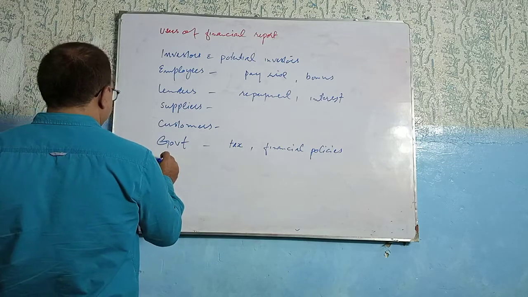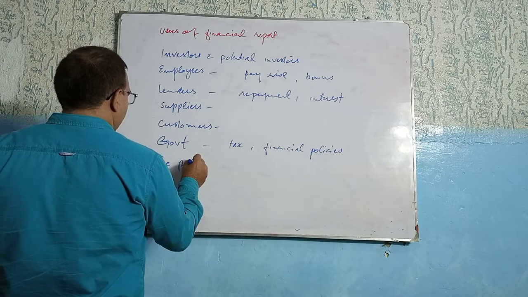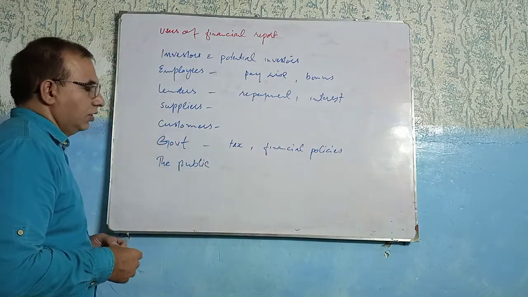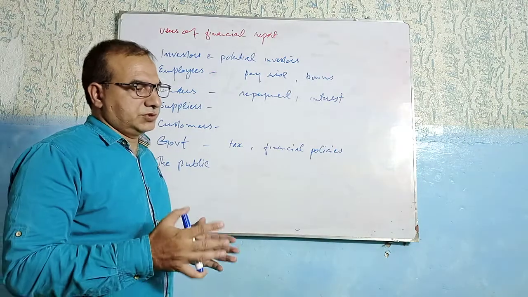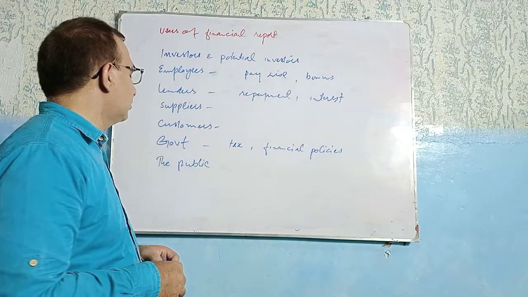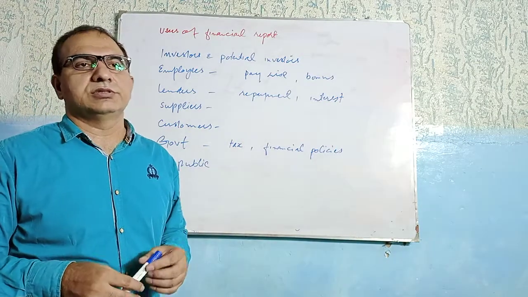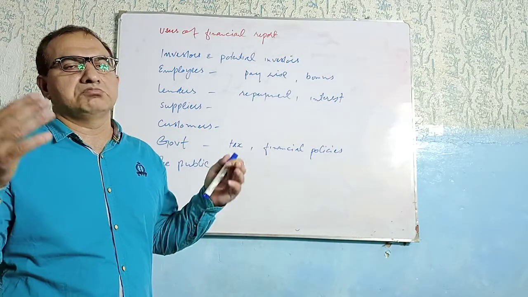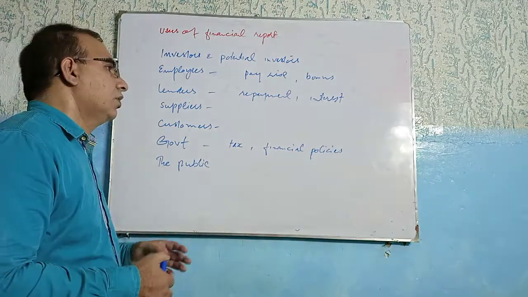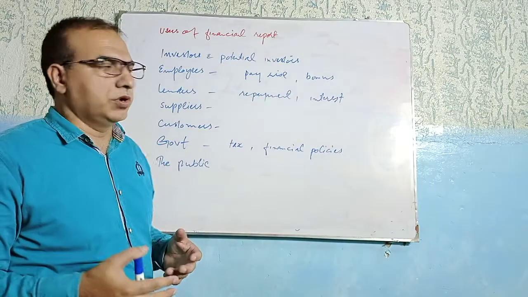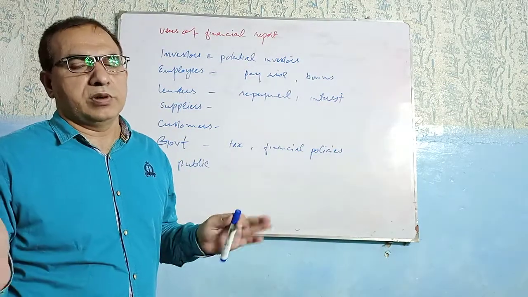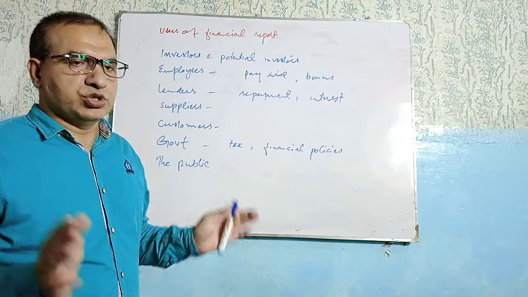And then we have the public. Why is the public interested in a financial report? Because some ethical people don't associate themselves with companies who are leaving a big bad impact on the environment and are not very good with their employees, or are not contributing to their local economy to the extent they should.